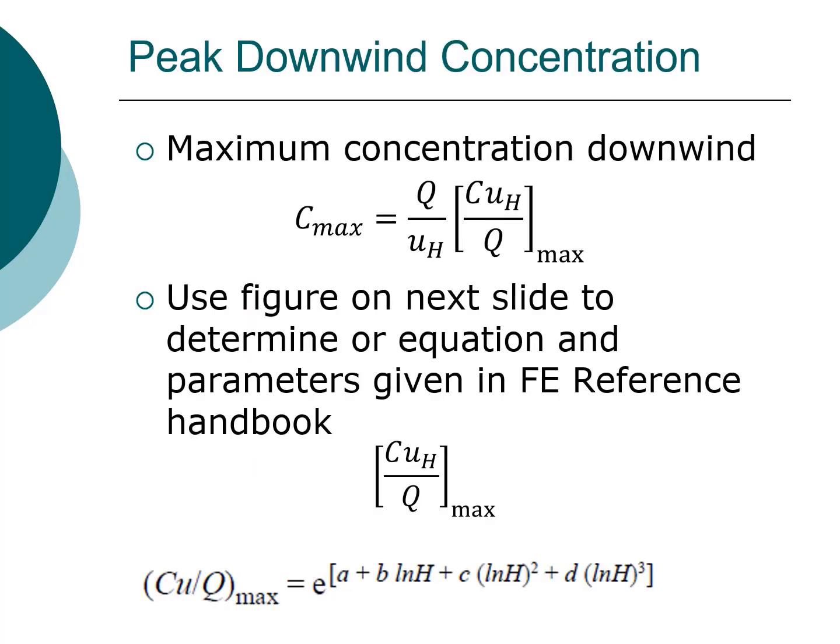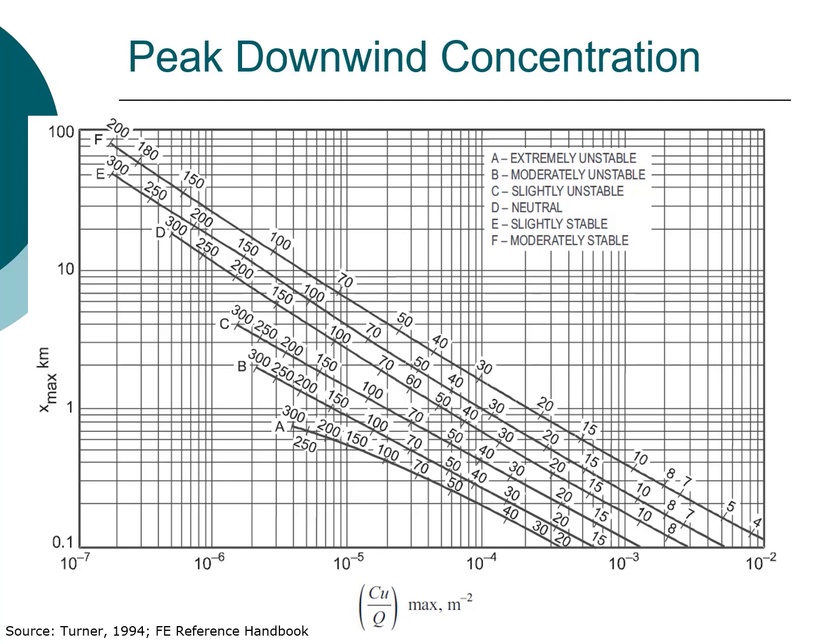Now, this last set of calculations that we'll do are used to determine the maximum concentration downwind. And in order to do that, we'll use this figure right here, which is the figure given in the FE reference handbook.